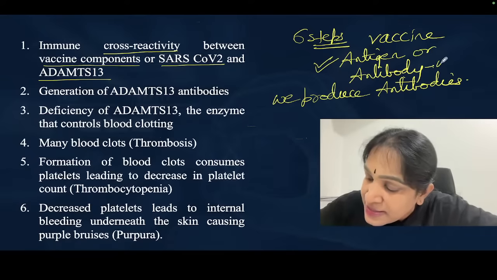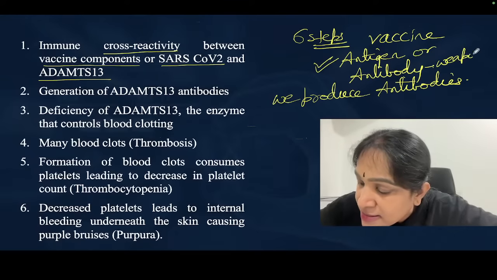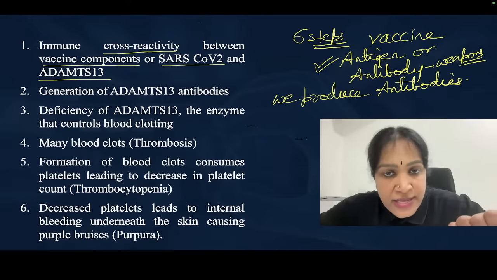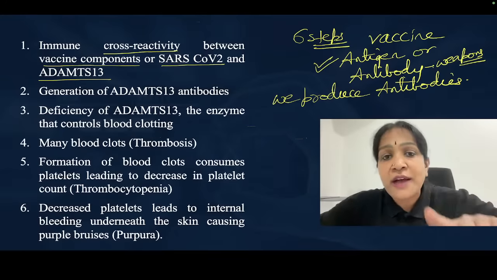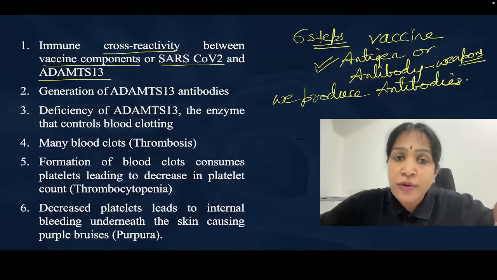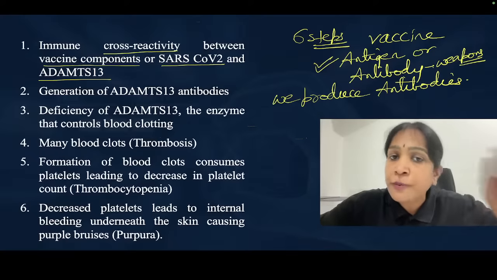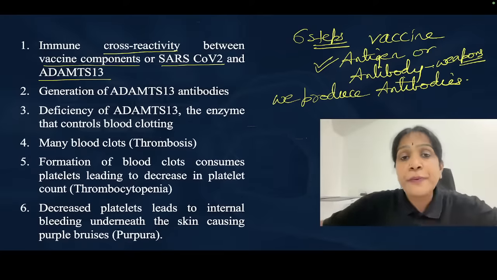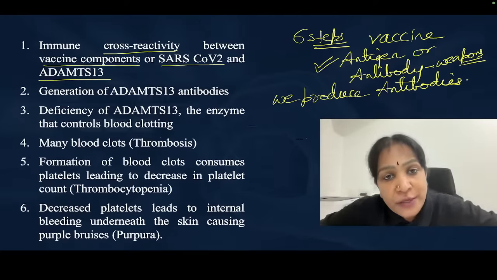What are the weapons here? Weapons are antibodies. Should we produce antibodies before you get infection or after? After you get polio, you have to produce polio antibodies, or produce them before you get polio? Before. But how do we produce antibodies before you get polio?